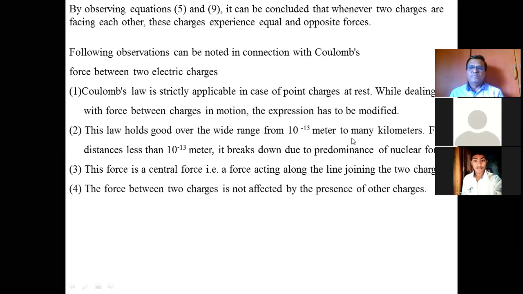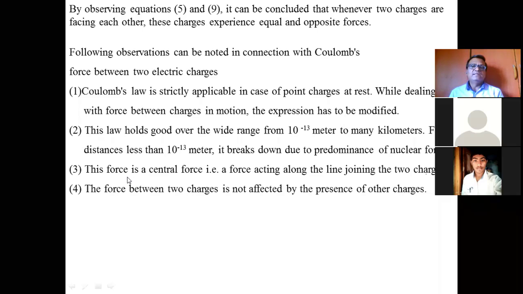Then this law holds good. ओके, the distance less than 10⁻13 meter it breaks. आपल्याला योग्य रिझल्ट मिळू शकत नाही because less than 10⁻13 meter the nuclear forces exist and therefore this Coulomb force may be disturbed. 10⁻13 मीटरच्या आतमध्ये जर दोन चार्जेस येत असतील तर न्यूक्लिअर फोर्सेस त्यामध्ये ऍड होतात आणि न्यूक्लिअर फोर्सेस ऍड झाल्यामुळं ॲक्च्युअल कुलम फोर्सची व्हॅल्यू कॅल्क्युलेट करता येत नाही. This is the most important thing.